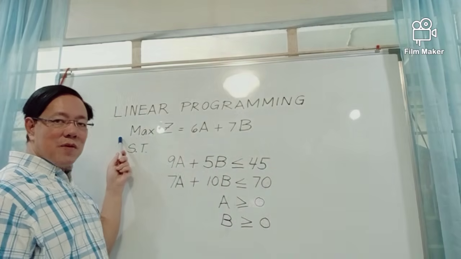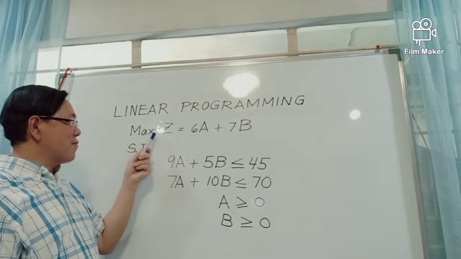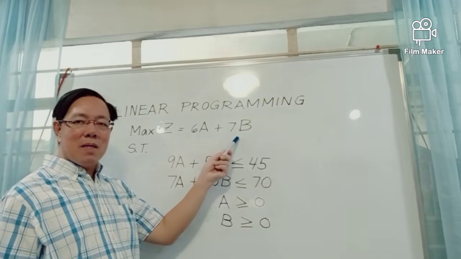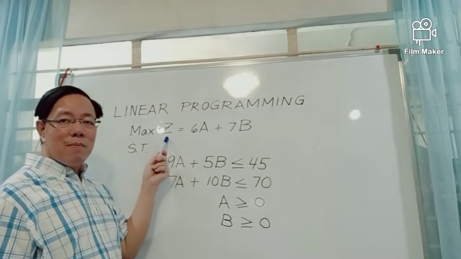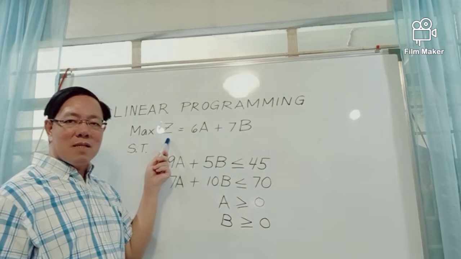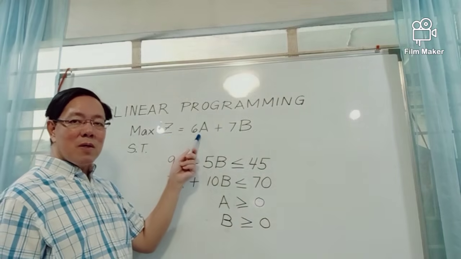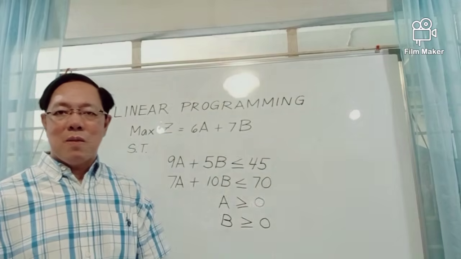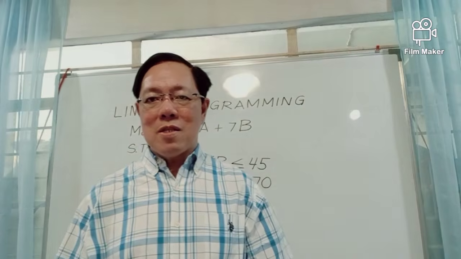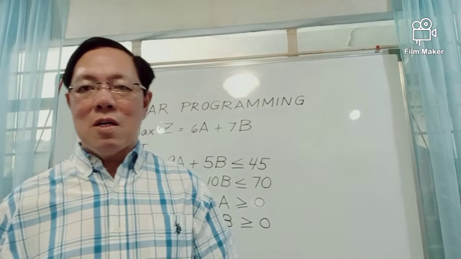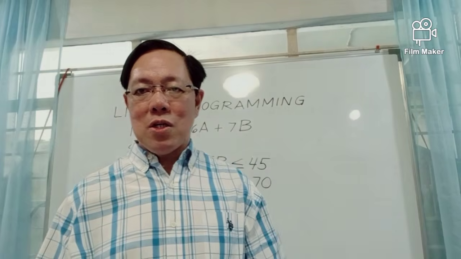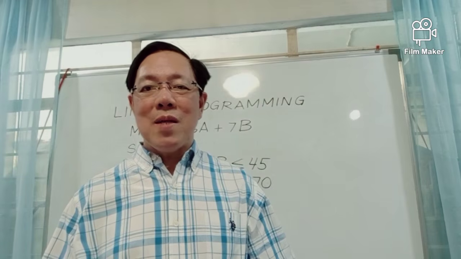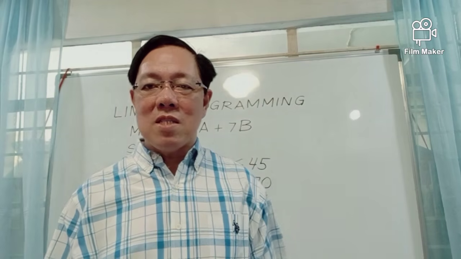Our objective is to find those values of A and B that will give the maximum value of Z. The variables A and B are known as decision variables. They are called decision variables because at the end of the solution, we will decide on the values of A and B among the many possible values.